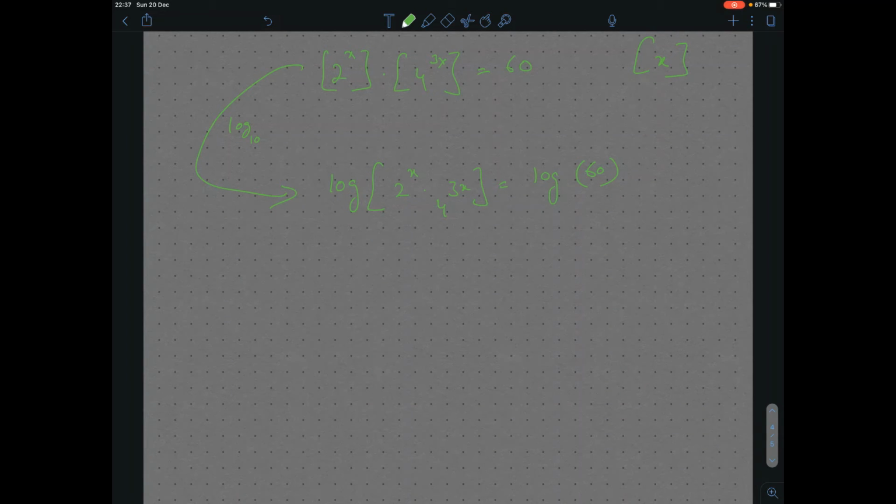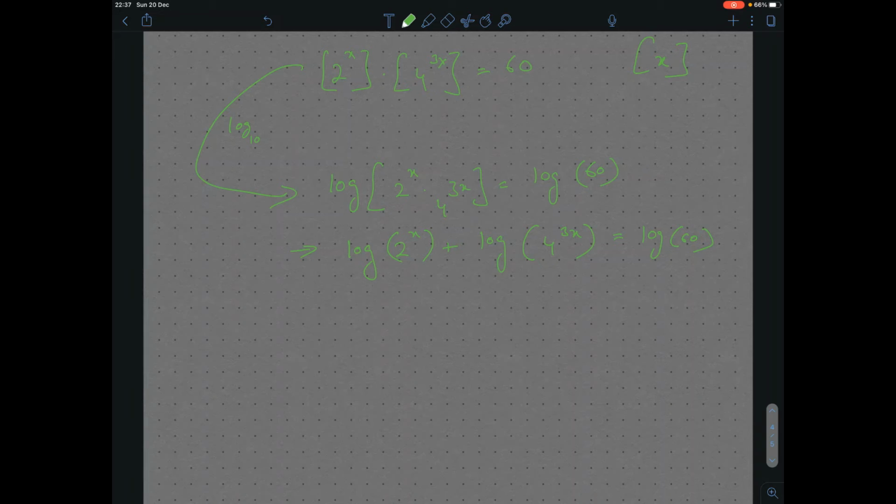Let's just simplify this. That leads to log of 2 to the power of x plus log of 4 to the power of 3x, that is equal to a constant, log of 60.